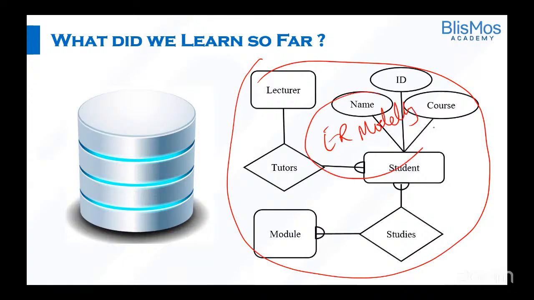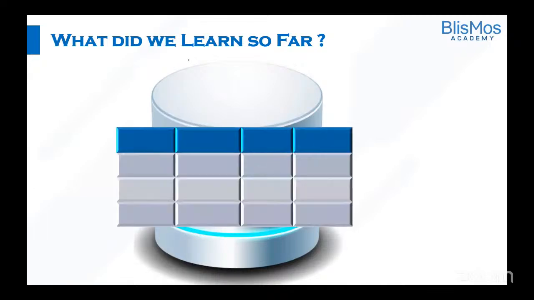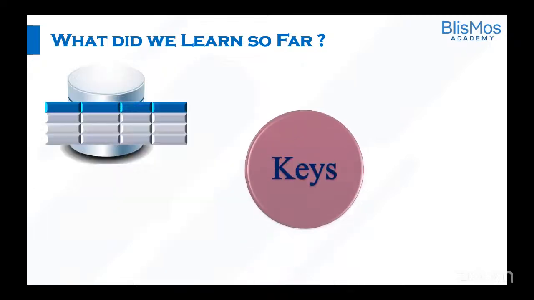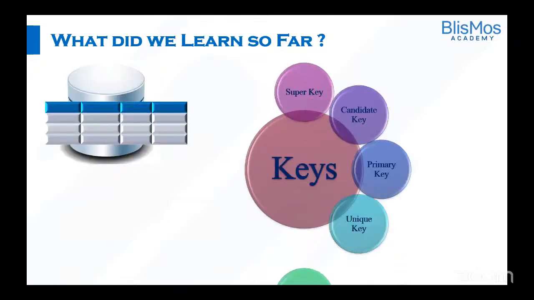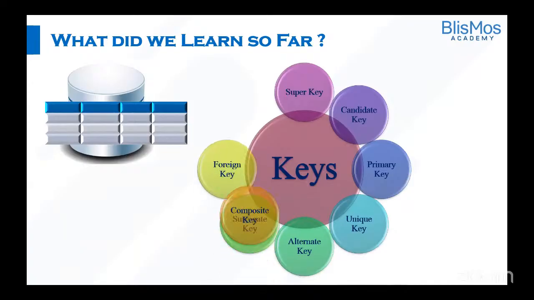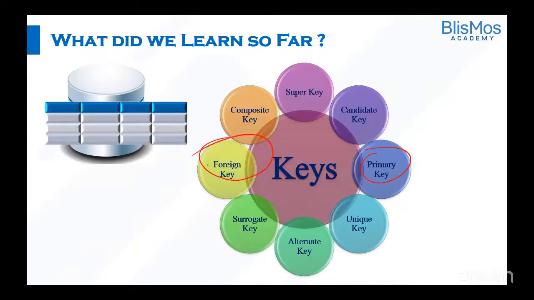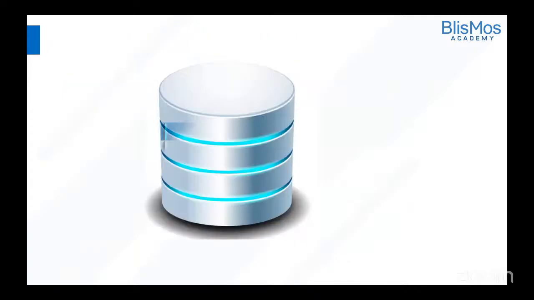We do have videos about this. Please do watch them. We have learned what is a database, a very important thing. And we have also learned the different types of keys, primary key and foreign key, the most important ones.